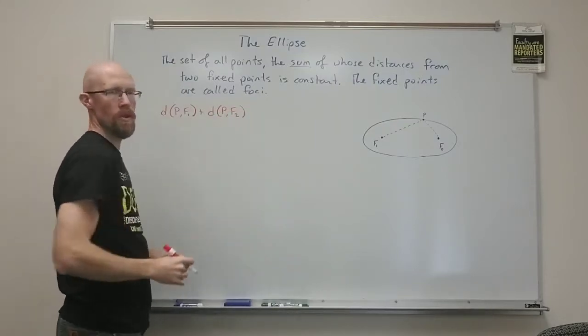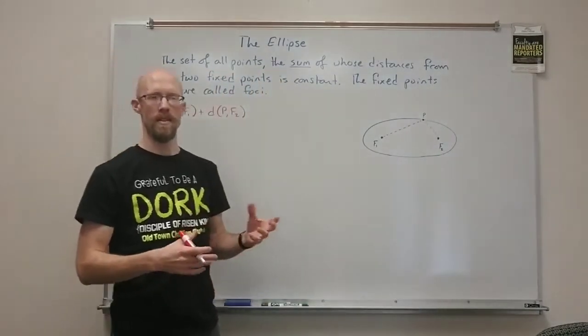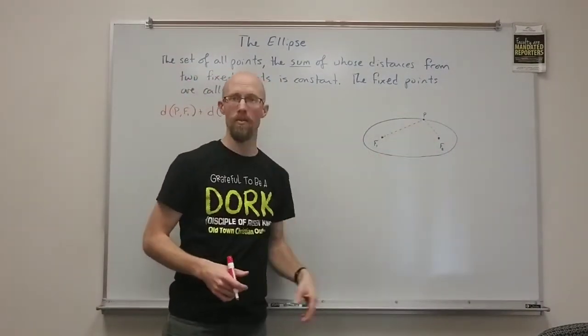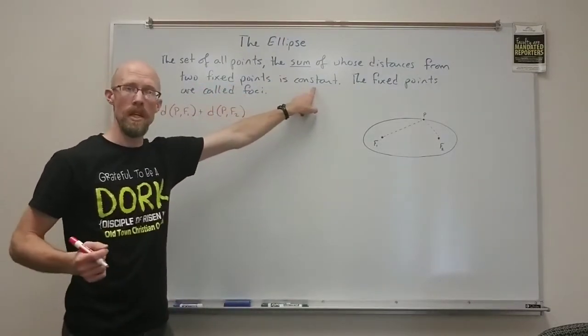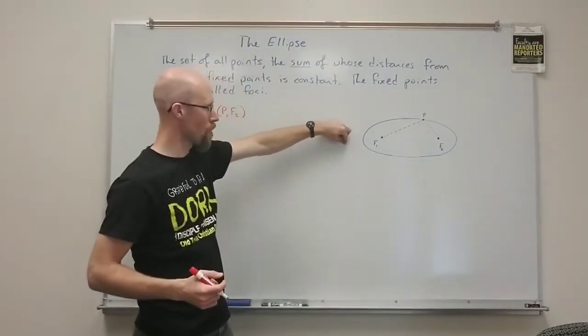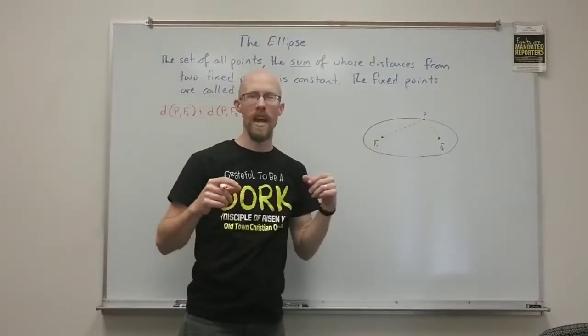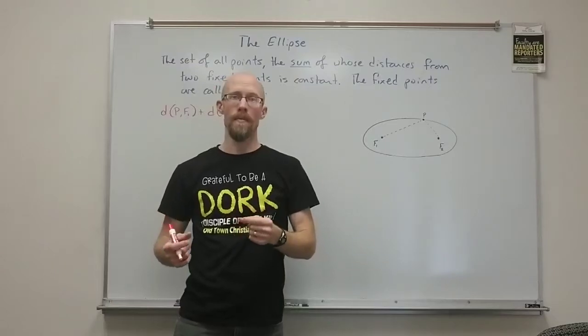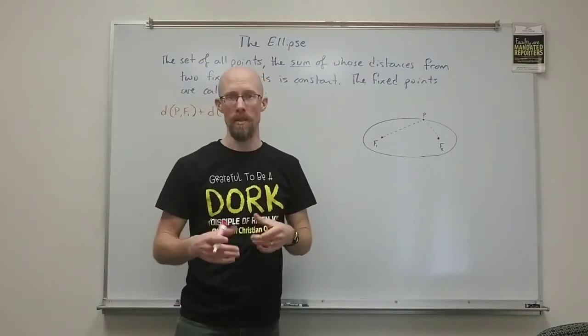The sum of those two distances is constant, which means if I move this point somewhere else along the ellipse, these two distances add up to the same amount. The individual distances may change, but their sum remains the same.